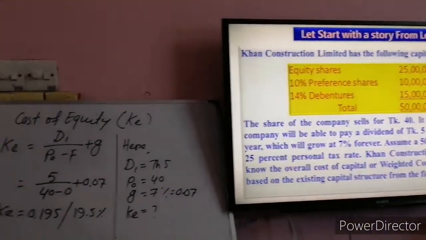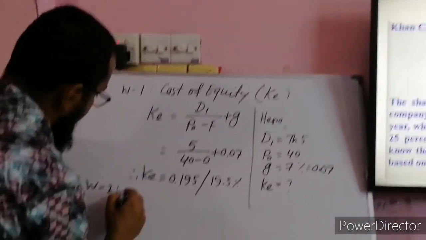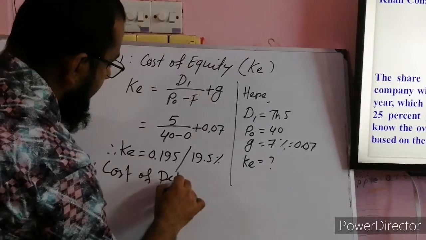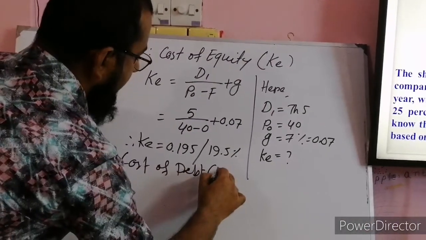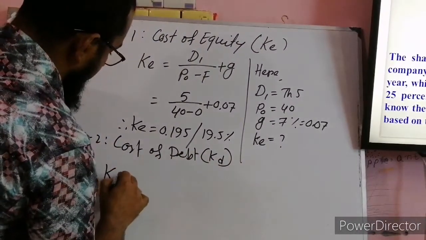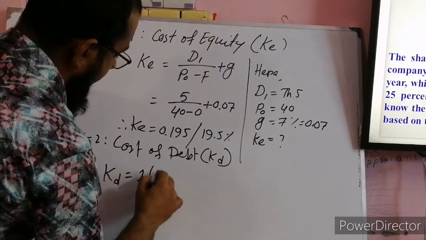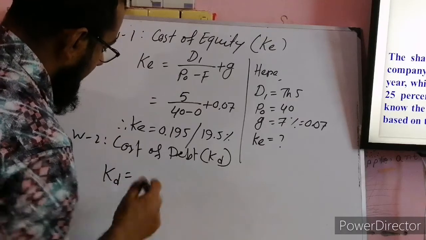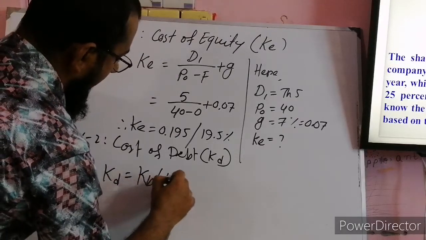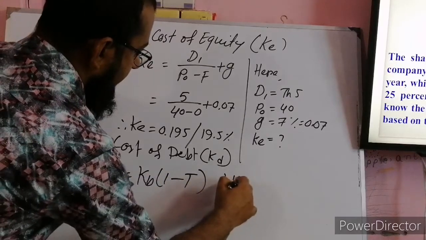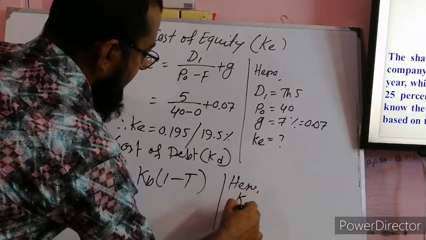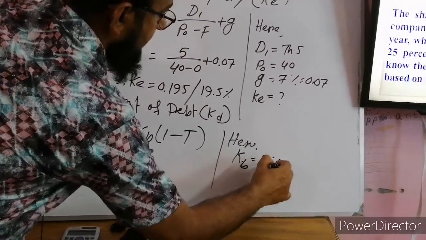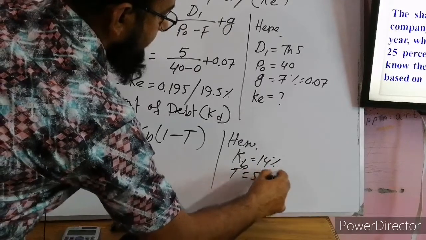Cost of debenture. Here W2 or 3, whatever you say, cost of debt after tax, KD equal to KB (1 minus T). Here KB equal to the rate given in the question, 14%, and T equal to 50%.